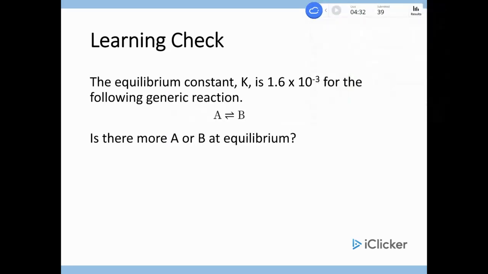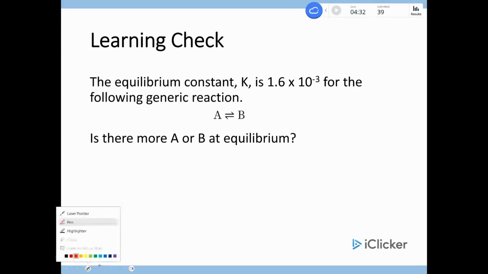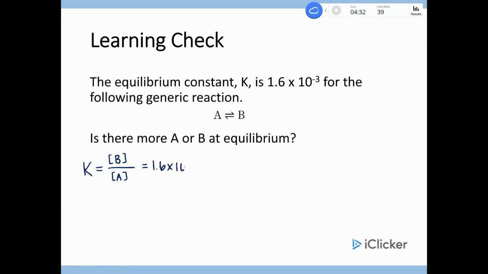Okay. So here we have the value of K, and we know what reaction we're talking about. It is generic, but we can still write the equilibrium expression. So K is equal to the concentration of product, B, over the concentration of reactant, A. And we know this value is 1.6 times 10 to the negative 3, which is 0.0016.